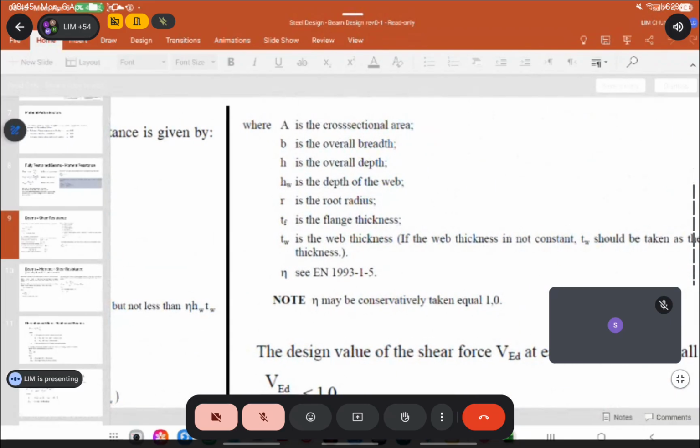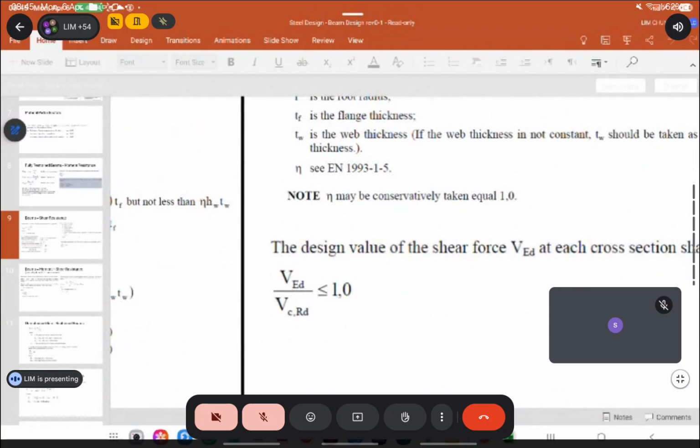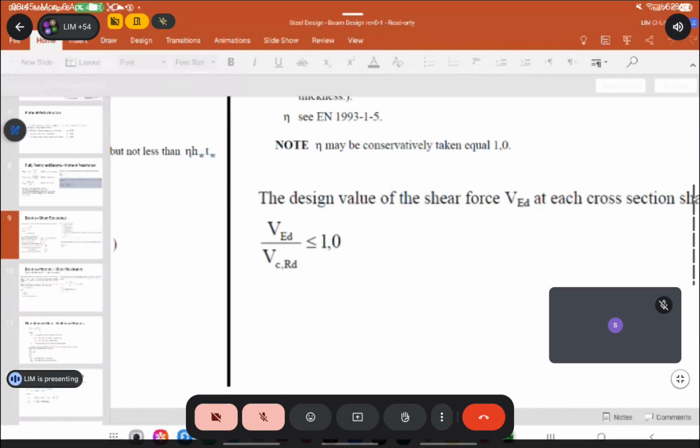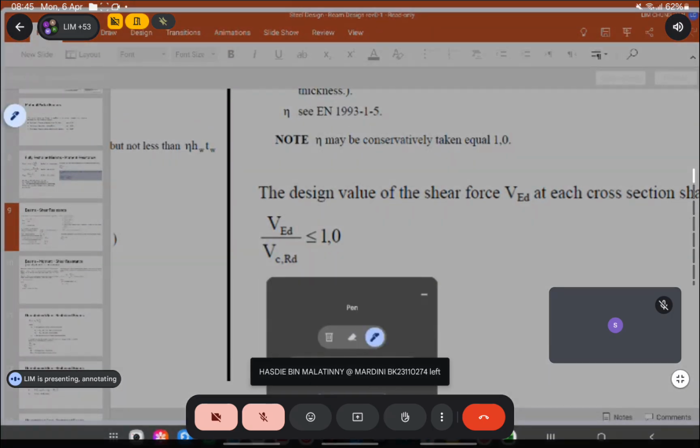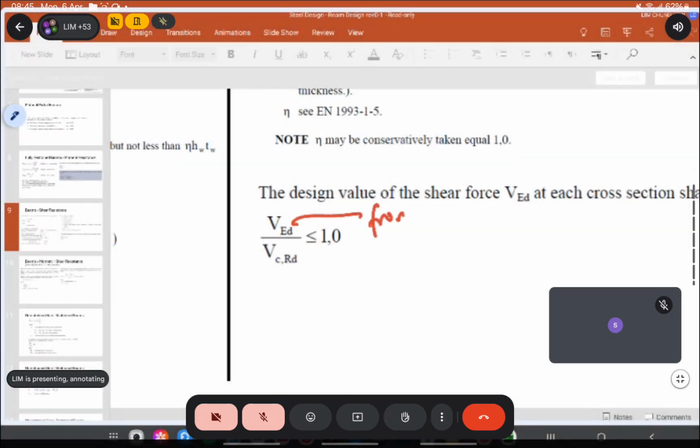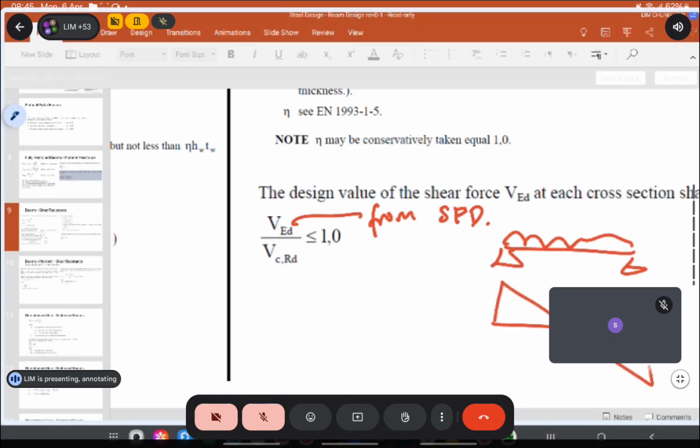Next, what you do is you do the same as for moment resistance. You have to check your VPLRD or VCRD against the shear from your analysis, VED. VED is the shear from your shear force diagram. If it's a UDL, then your shear force diagram is like that.